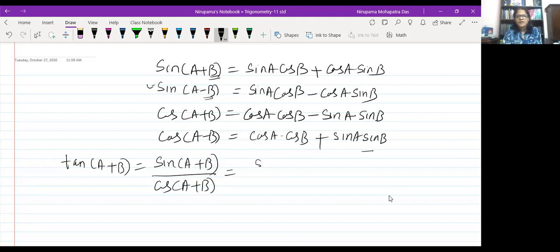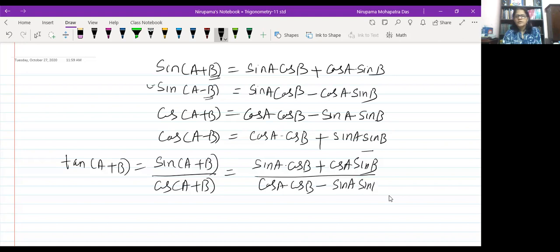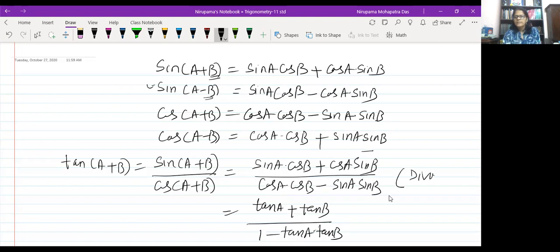So it means sin A cos B plus cos A into sin B divided by cos A into cos B minus sin A into sin B. Now divide both numerator and denominator by cos A into cos B. In that case, we will get tan A plus tan B over 1 minus tan A into tan B.